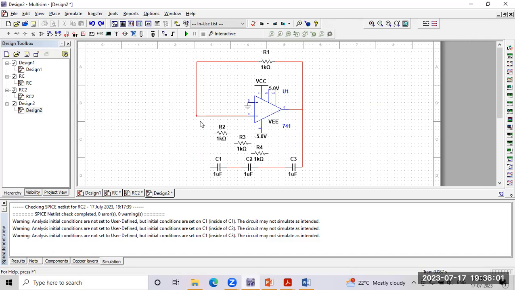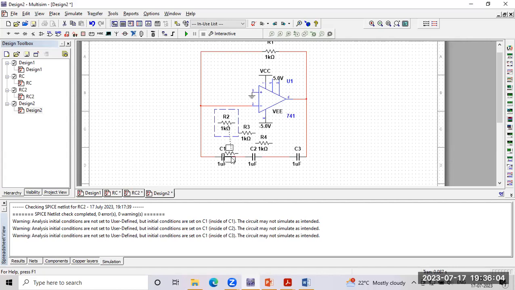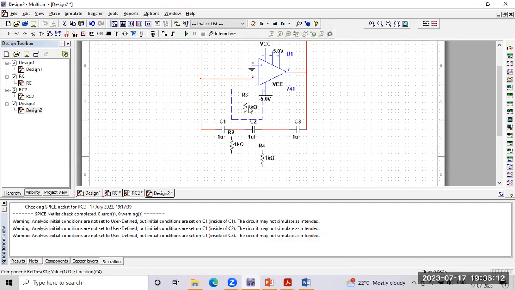Neatness. While connecting the circuit, maintaining neatness is very important. Control R, control R, control R. Okay.